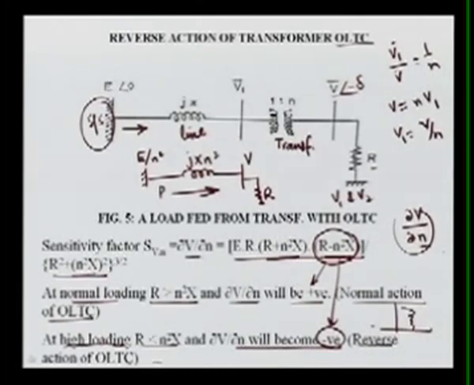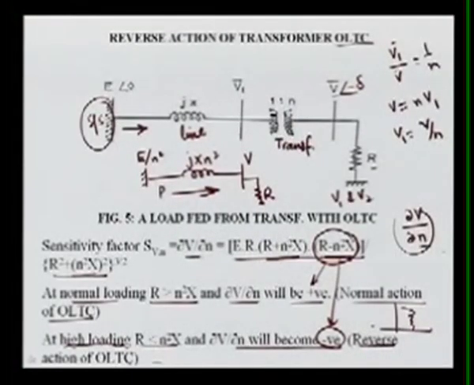So the reverse action shows that when you want to increase the tapping, for example if you are increasing tap for increasing voltage, but the action is reverse, meaning your voltage is decreasing, and further your transformer will try again and again, and finally voltage will collapse. So this is also a very adverse phenomenon in the voltage stability case, and it only happens at the higher loading.